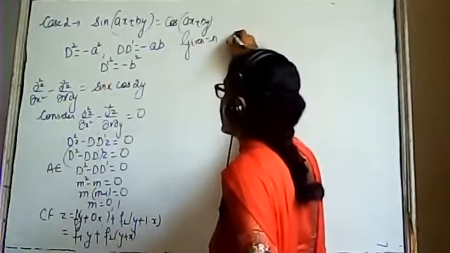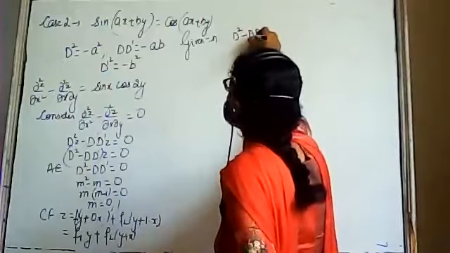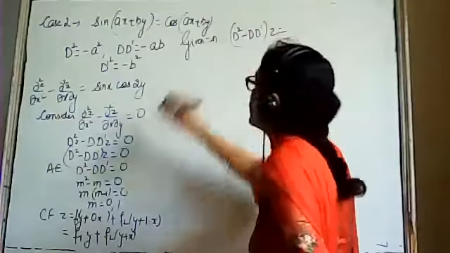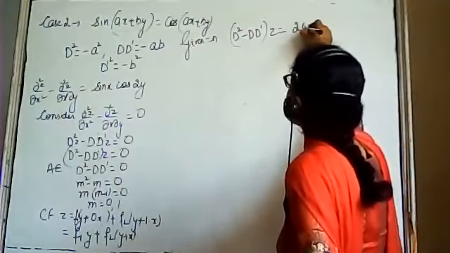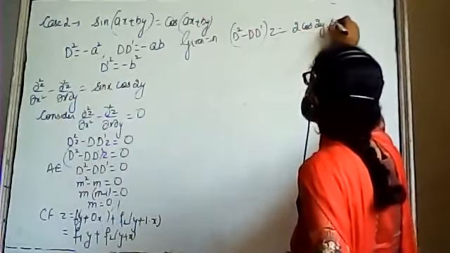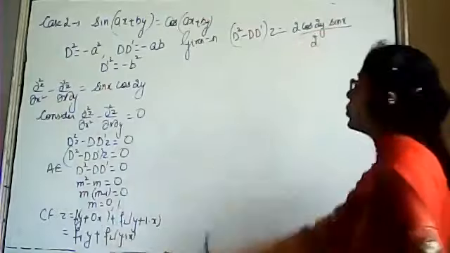this is (D² minus DD') z is equals to, multiply and divide with 2, cos 2y sin x divided by 2.